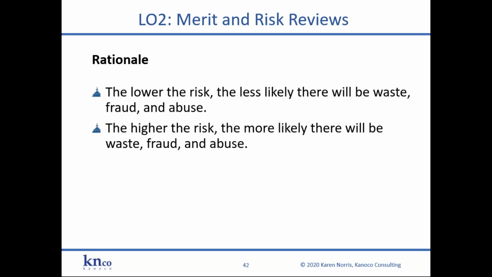And if an applicant is denied on risk, then that's punitive. They end up being entered into the FAPIIS system, the Federal Awardee Performance and Integrity Information System. It's a federal database of bad contractors and bad applicants.